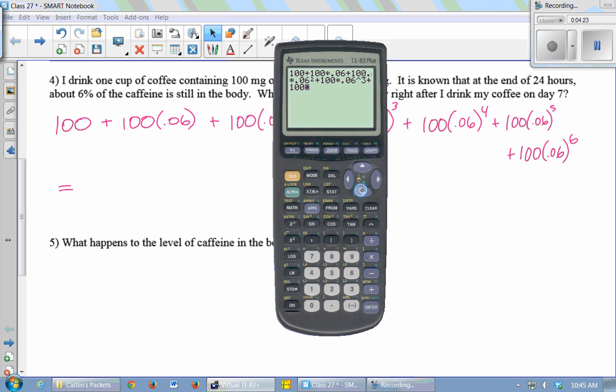There we go. Okay, fixed? Okay. 100 times 0.06 to the fourth, 100 times 0.06 to the fifth, plus 100 times 0.06 to the sixth.